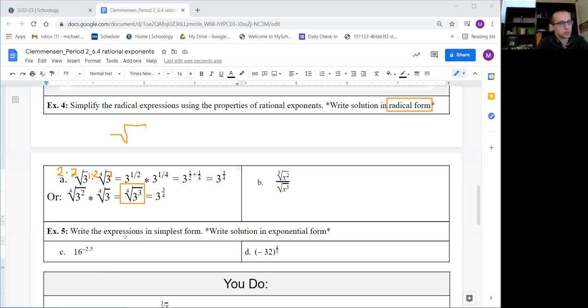Are there any questions on A, either the first way we showed it or the second way, before we move on to B?